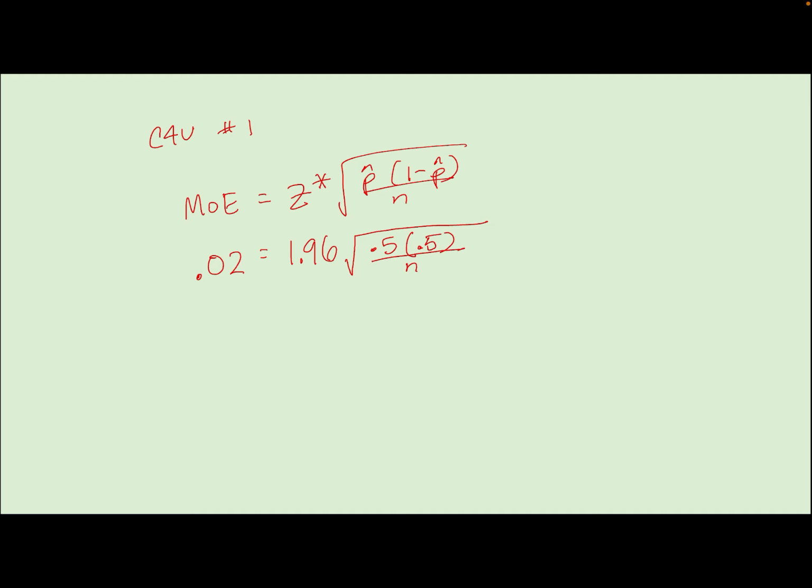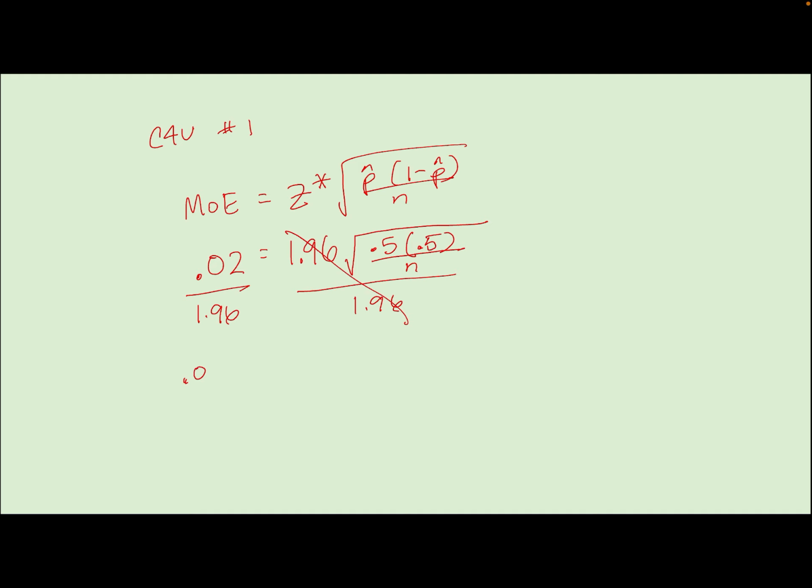And some of you, I know, are just going to see that and be cool, I know what steps I need to do. Some of you are going to need to really just go slow and make sure your algebra is right. So I'm trying to solve for N, so I'm trying to get N by itself. My first step, I'm going to divide by 1.96 on both sides. All right, and let's see what that gets us on the left.